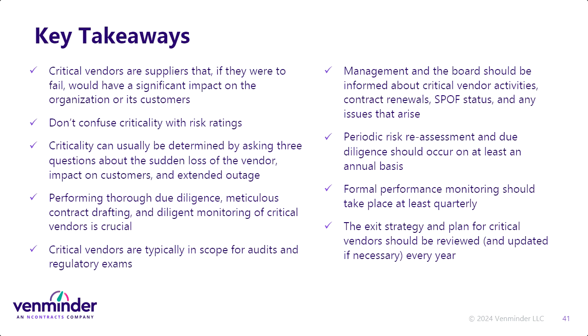Risk reassessments and due diligence should be done at least annually, and formal performance reviews should be done at least quarterly. And finally, that exit strategy should be established during onboarding and should be reviewed each year just to ensure it's still viable in case you need to leave the vendor relationship.